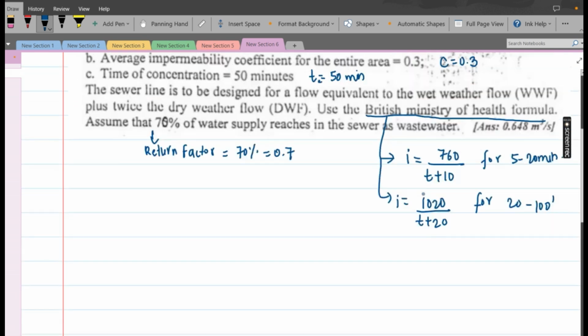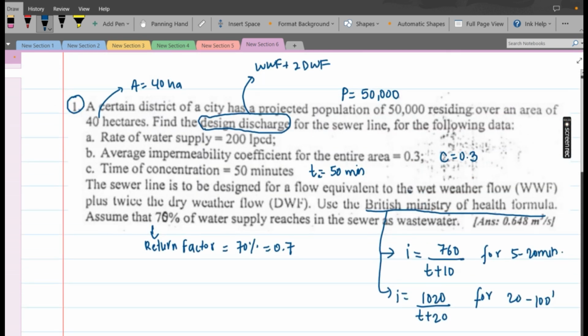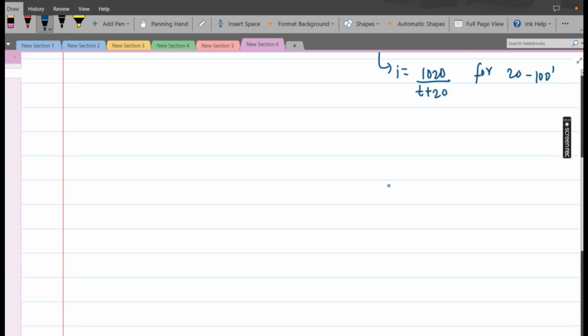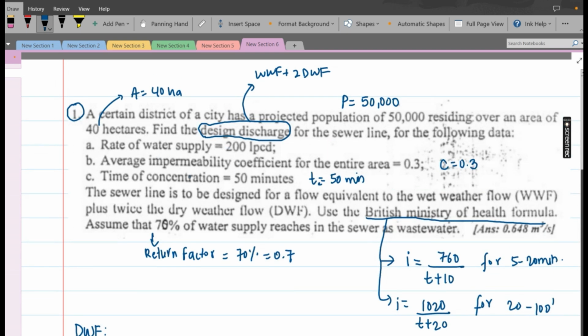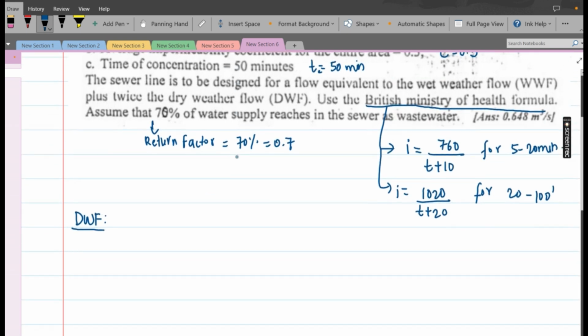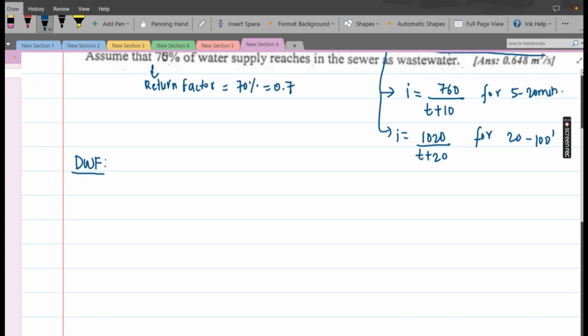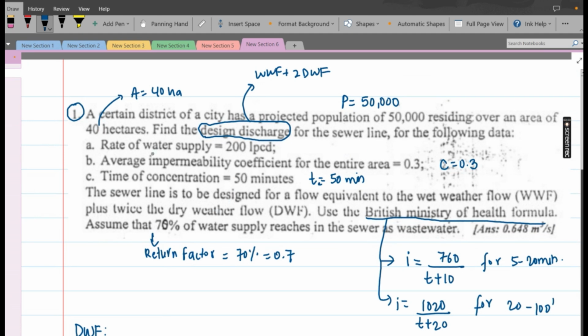Now let's calculate the dry weather flow. For the dry weather flow, we need to first calculate the water supply quantity. So Q of water supply equals rate of water supply, 200 LPCD, times population, 50,000.